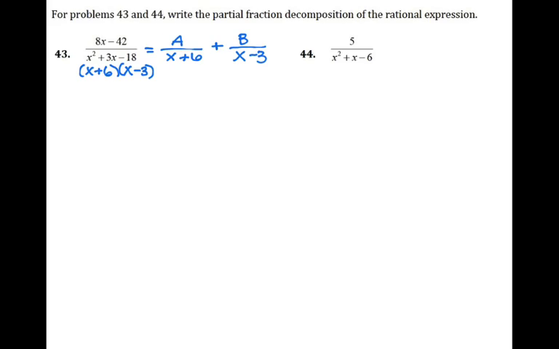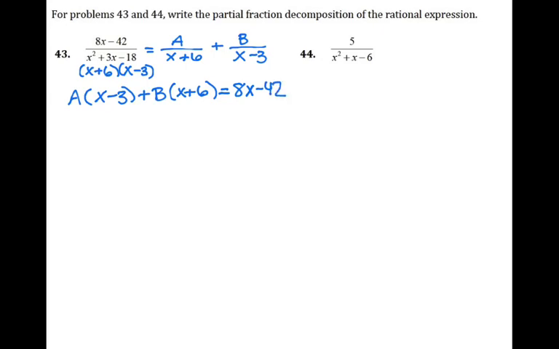And to add these two fractions together, I would take this first fraction and multiply it by x minus 3, and my second fraction, I would multiply by x plus 6. So B times x plus 6. And that should equal my original numerator, which is 8x minus 42.